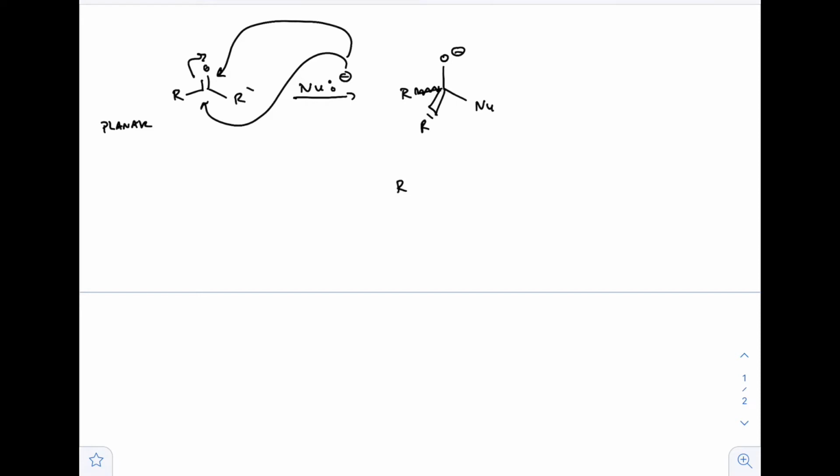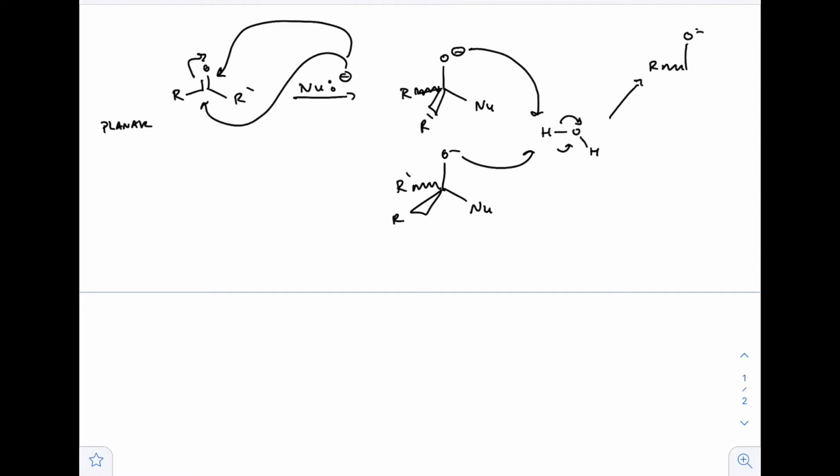What that results in is, let me think about this right quick, our R and our R prime are going to be in opposite positions. That puts our nucleophile at a different spot, and ultimately it's the same product, just different enantiomers, maybe. It depends if that's a stereogenic center now.